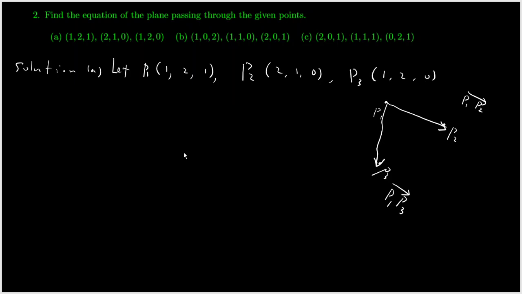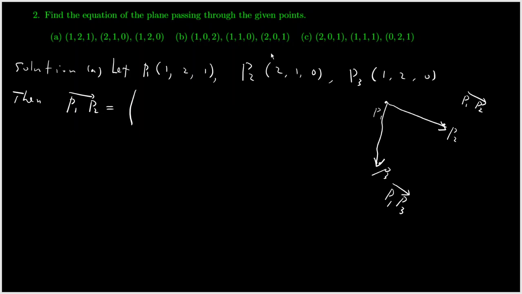The vector with the initial point of P1 and terminal point of P2 is equal to, for this vector we need to get the three components. I think we did the question too many times already. The first component is computed using the difference between the x coordinate of P2 and the x coordinate of P1.